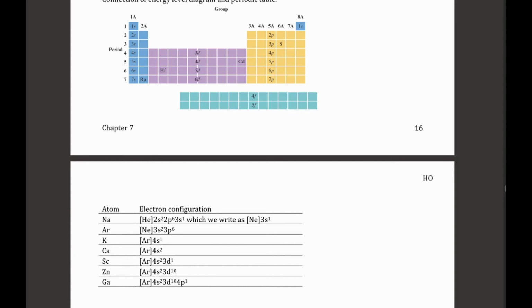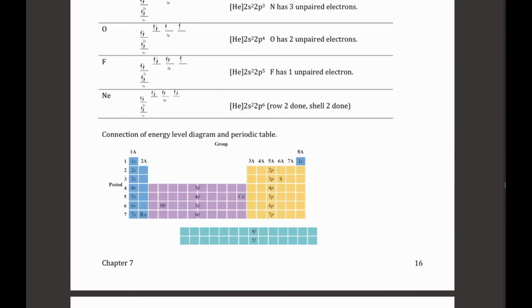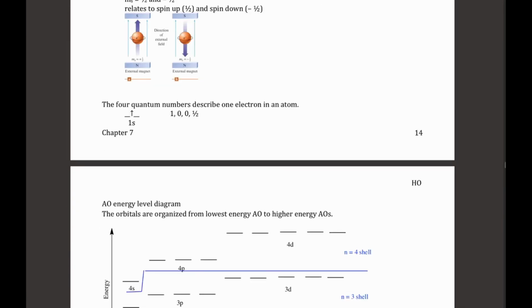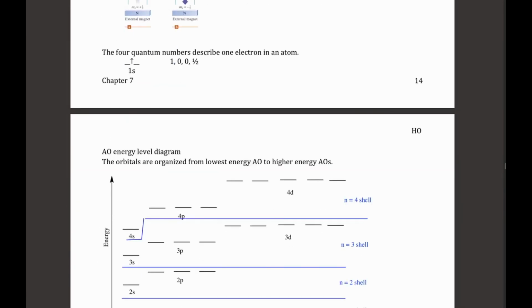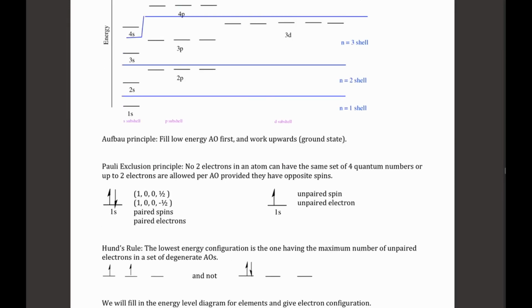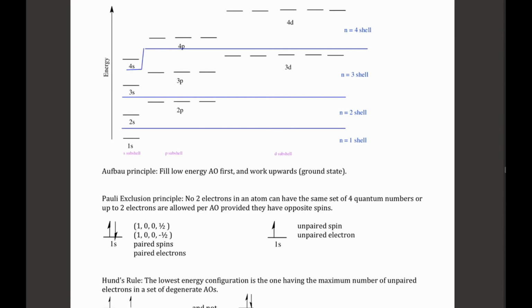Scandium has one more electron, and so if we go back to the energy level diagram that we have here on page 15. Okay, so we see that after the 4s atomic orbital, when we've got the 2 electrons there, as we did with calcium, we put our next electron at the next energy level atomic orbital, which is one of the 3D ones.